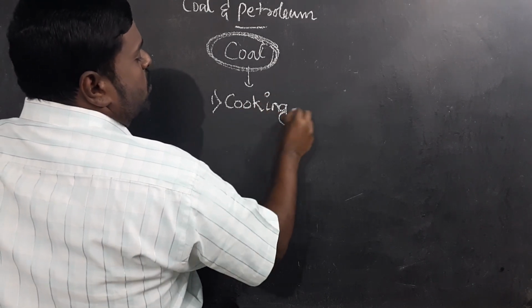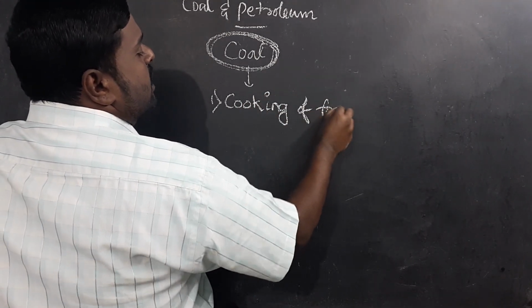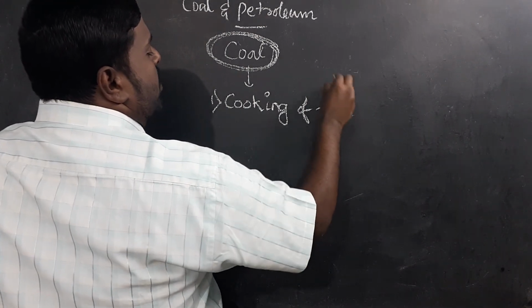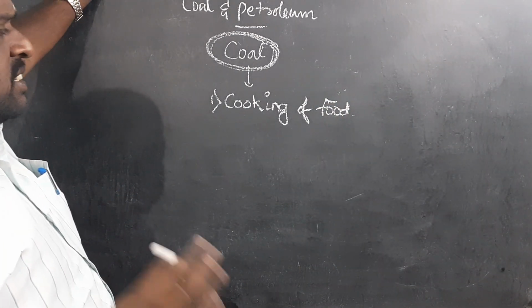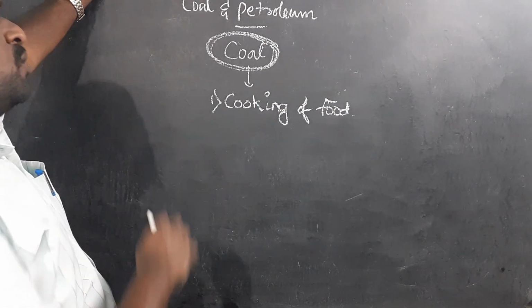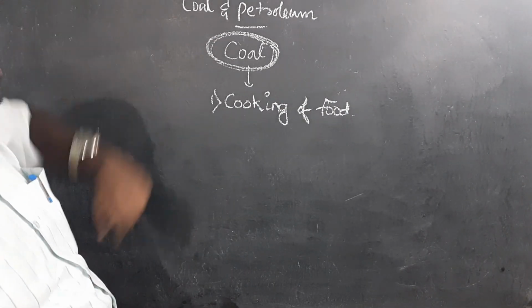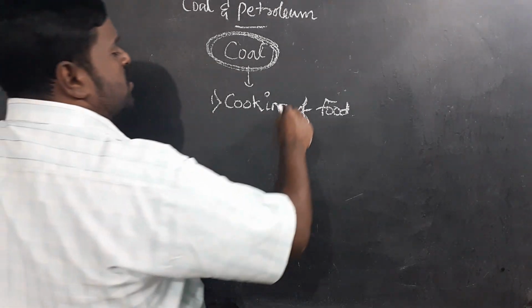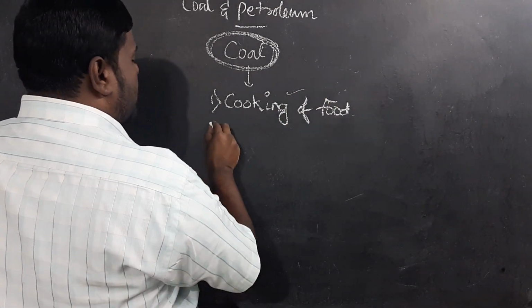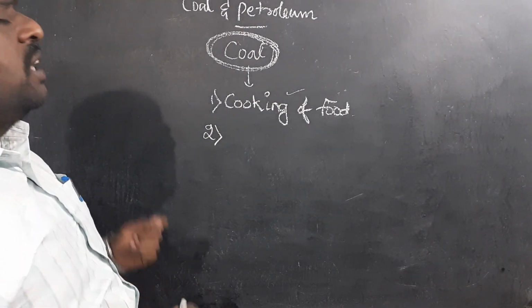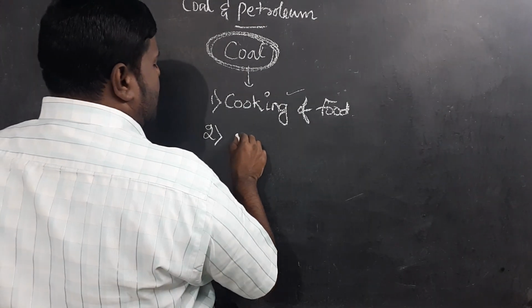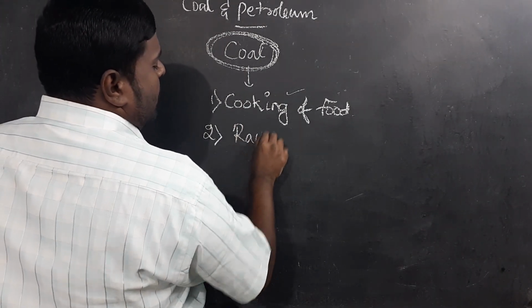Even nowadays, some very high class restaurants and five-star hotels still cook some of the food using coal. So earlier it was used in cooking of food.